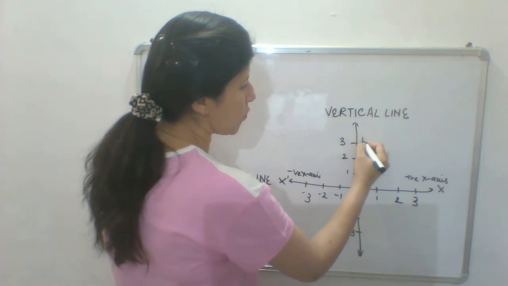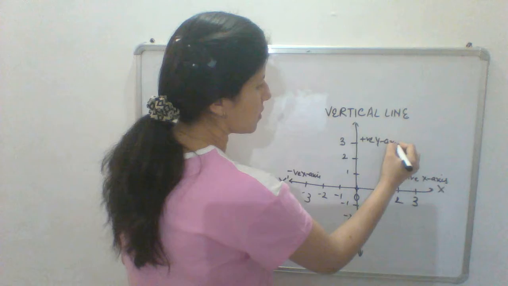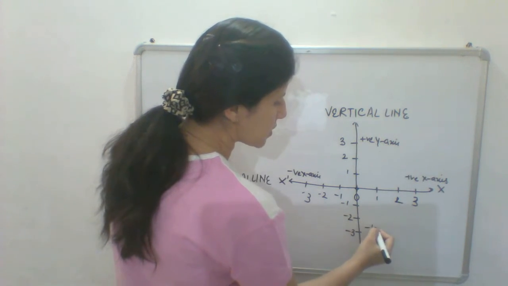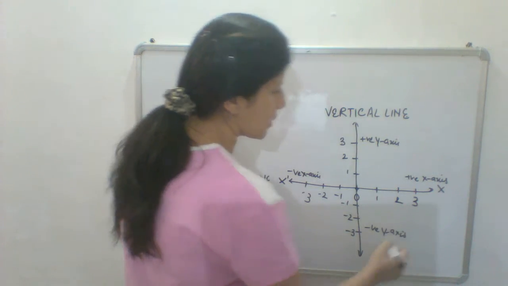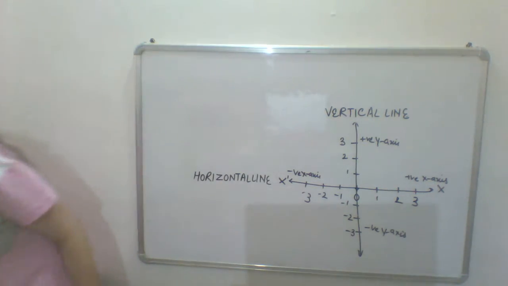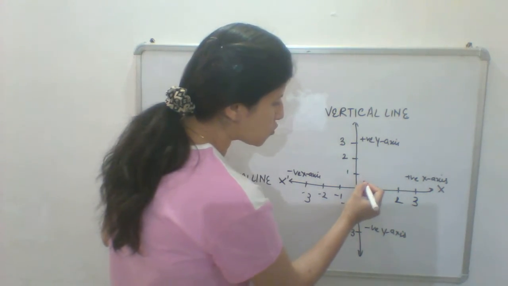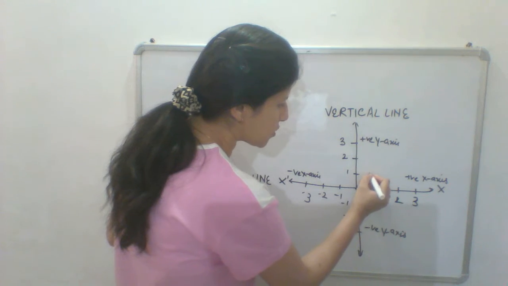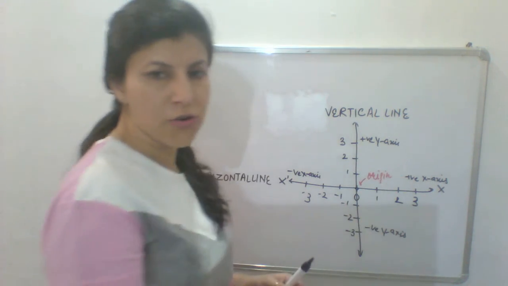This is called positive y-axis, this is called negative y-axis. The intersecting point of both these two lines is called origin.